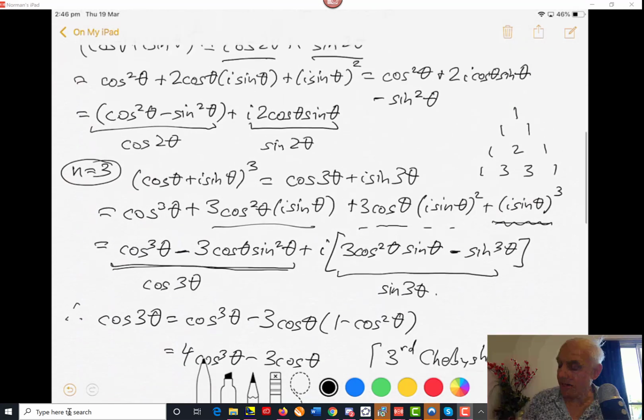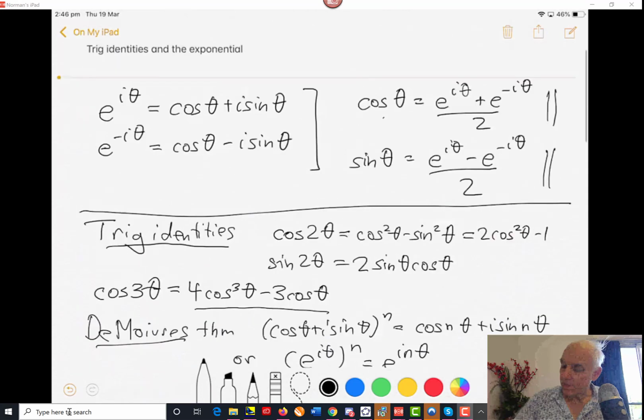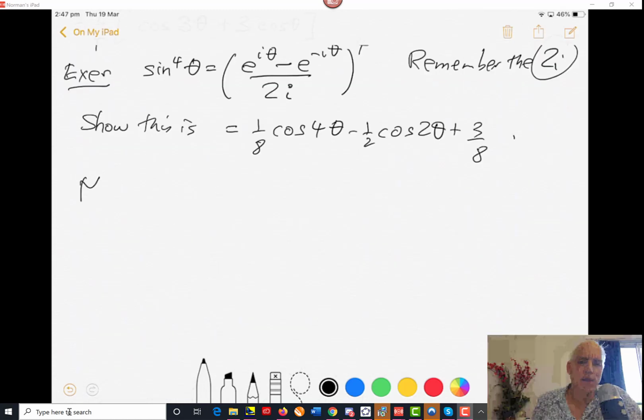The idea is that we can exploit de Moivre's theorem, and we can exploit these basic relations. And in fact, this is a philosophy that is quite a lot more general. So I'll just mention this. It's quite more generally true.